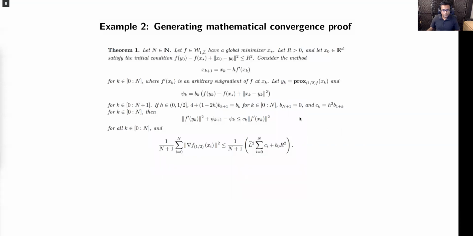Another example that I will discuss down the line is how to generate a mathematical convergence proof using BnB-PEP. What this theorem says at this point does not matter too much. It is a theorem proposing a certain kind of first-order method, and a certain kind of potential function under which we can establish a certain convergence rate on the rate of finding a stationary point.